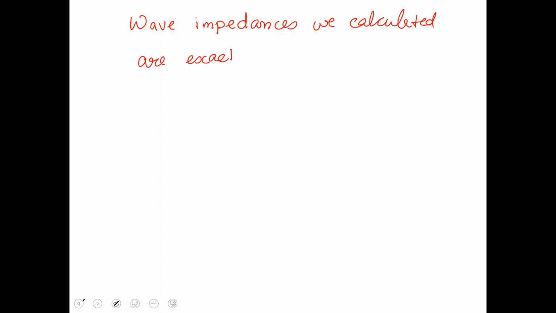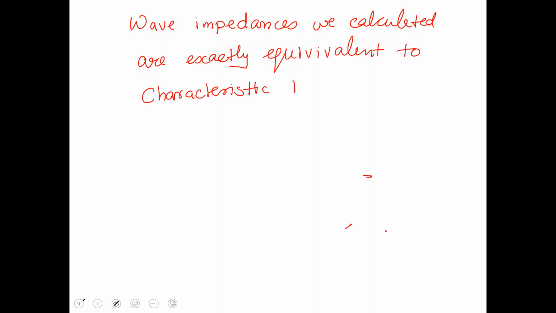The wave impedances we calculated are exactly equivalent to the characteristic impedance of the transmission line.